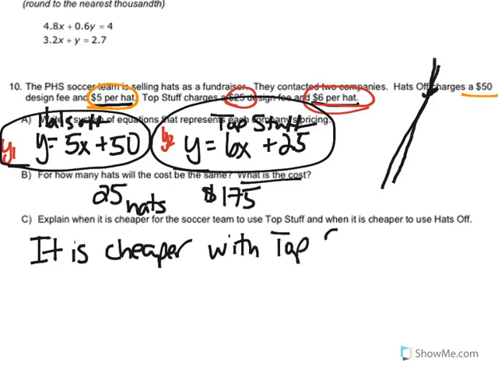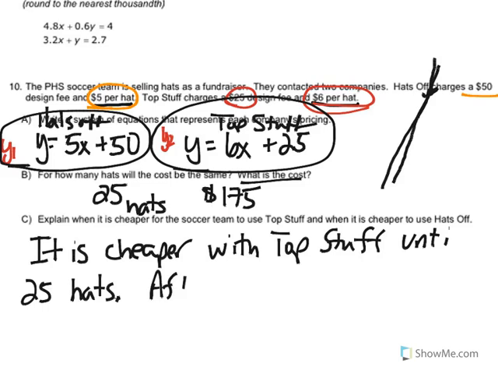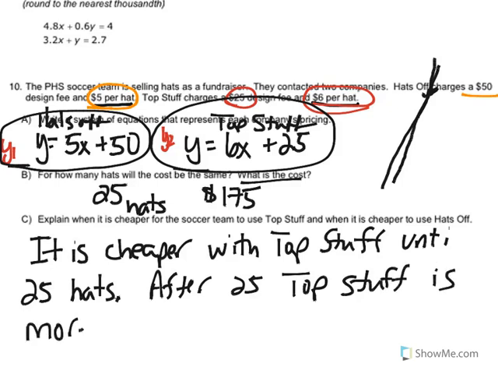It's cheaper with Top Stuff until when? Until 25 hats. At 25 hats it gets the same. For anything after that, Top Stuff is more expensive, and then Hats Off becomes cheaper.